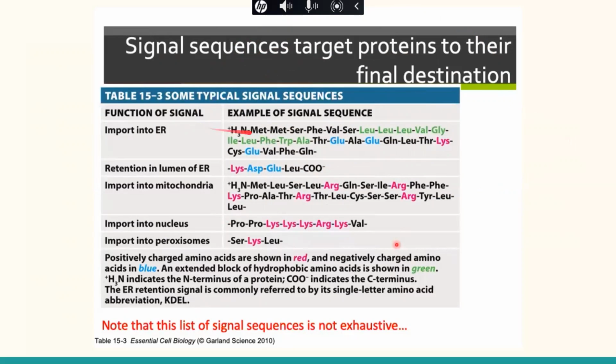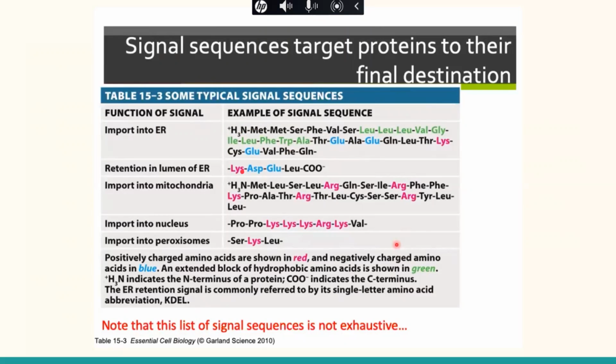So for the ER, you're going to have this long portion of nonpolar amino acids, which helps the cell signal that this is going to the ER. Here's your N terminus, because it's found near the N terminus when it first comes out.